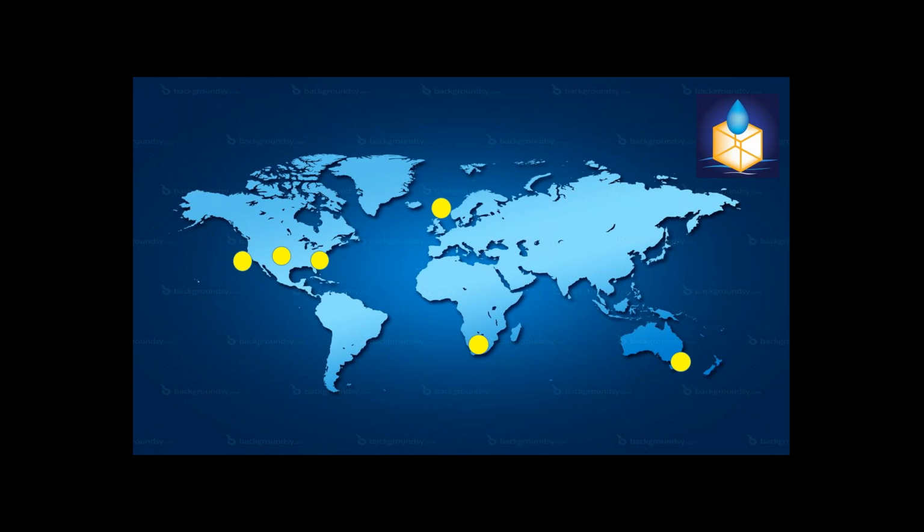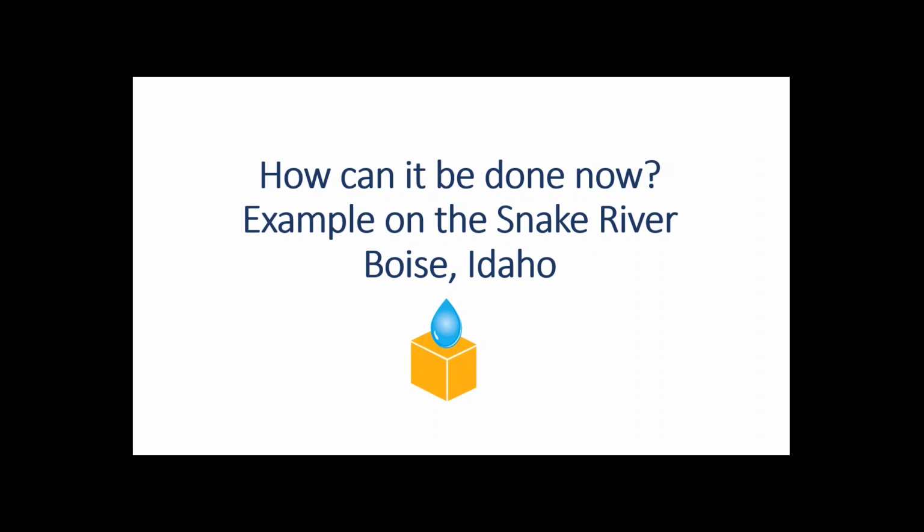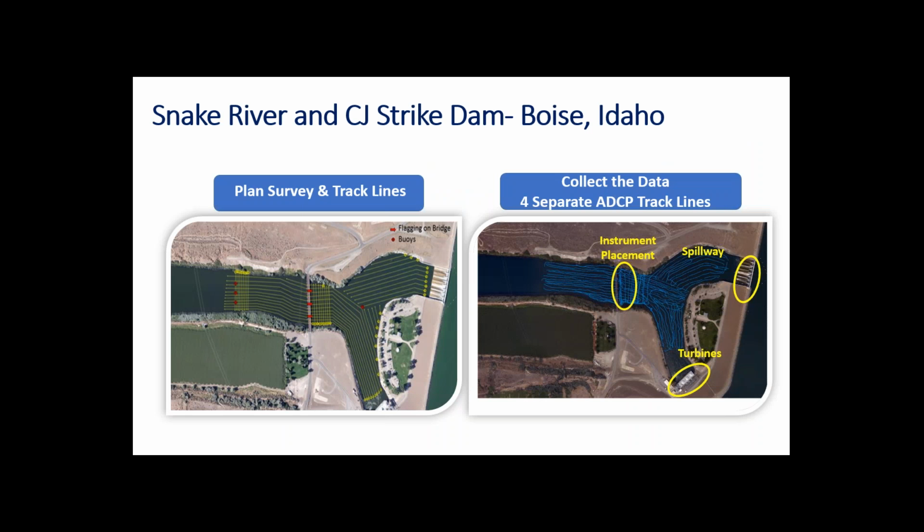So as you can see, we've gone around the world a bit to develop case studies and further enhance our technology to make sure that it's meeting the needs of our clients over different rivers as well as different applications. So how is it all done? We're going to take the example that we briefly shared on the Snake River in the CJ Strike Dam.